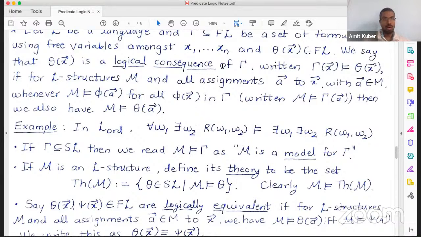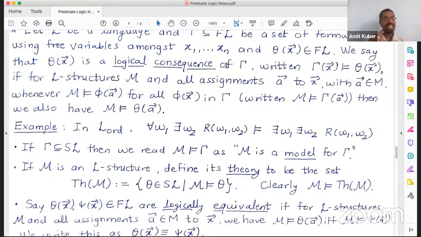Group theory is the theory given by three statements. For that particular language, the three statements are that the binary operation is associative, there is an identity element, or you can say that the constant symbol satisfies the identity properties, and for every element there is an inverse.